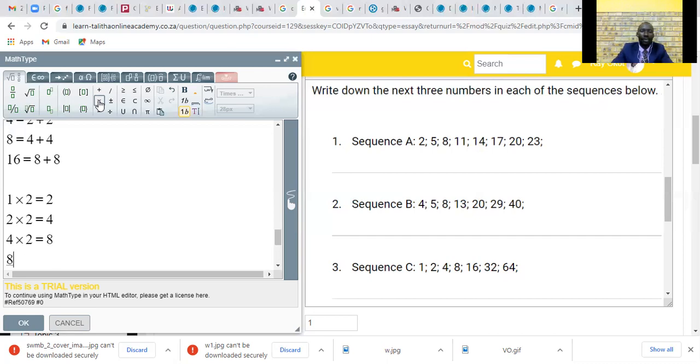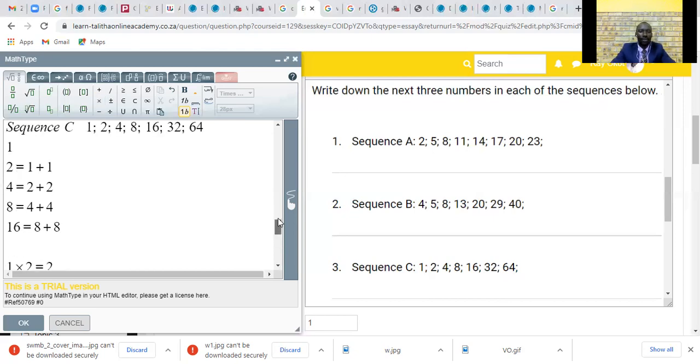Then 8 times 2 to get 16. Then 16 times 2 to get 32. And also, we could extend this to 32 times 2. 32 times 2 will give us the value of 64, which is what we have been given here.